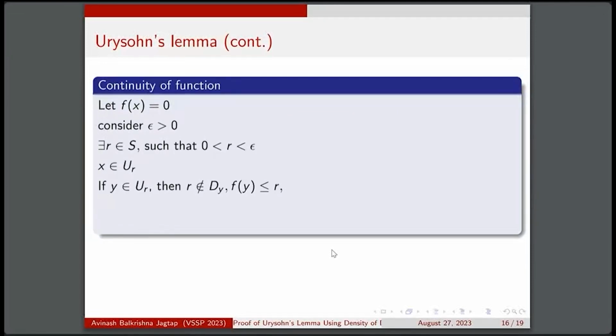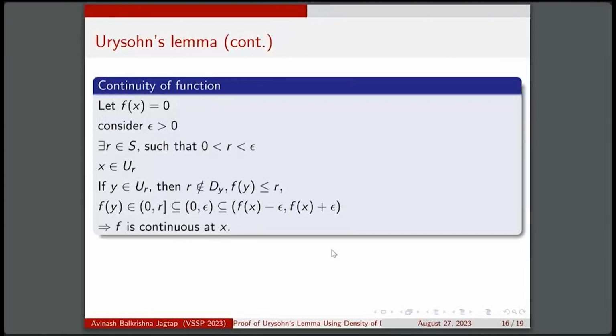So therefore, r must be greater than or equal to f(y). So f(y) is in the neighborhood of 0. Hence, f is continuous at x. So on this open set U_r, f takes values between f(x) minus epsilon and f(x) plus epsilon. Therefore, f is continuous at x.